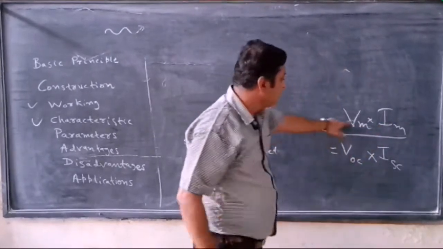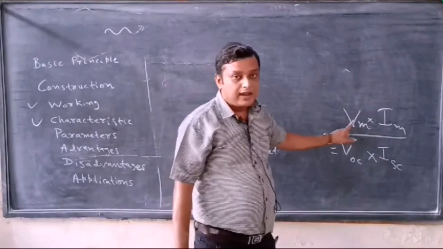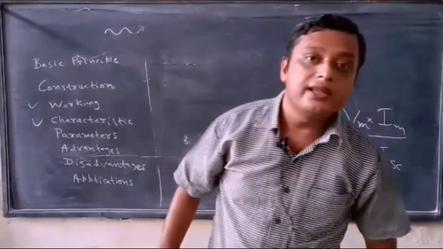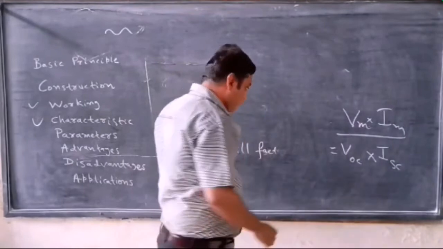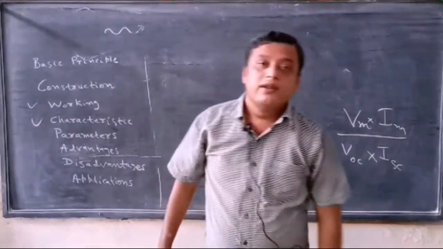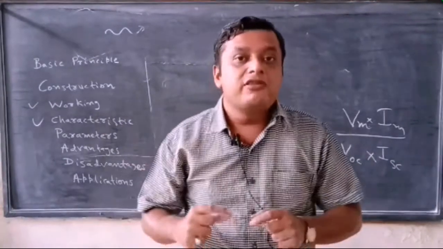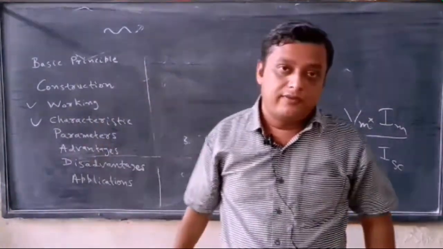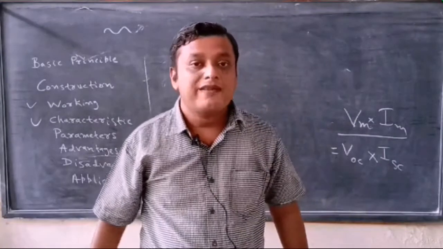This term represents the maximum power and this term represents the ideal power. So this one is ideal power. Ideal means it is the achieved maximum value across the solar cell.